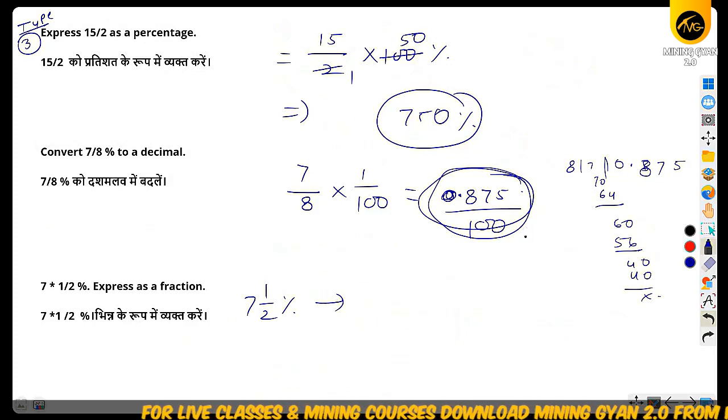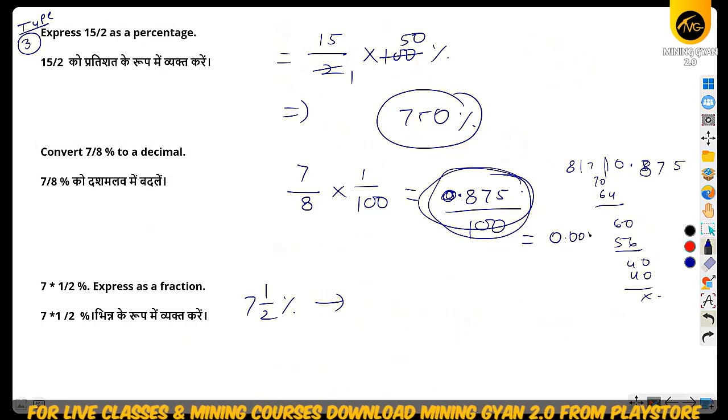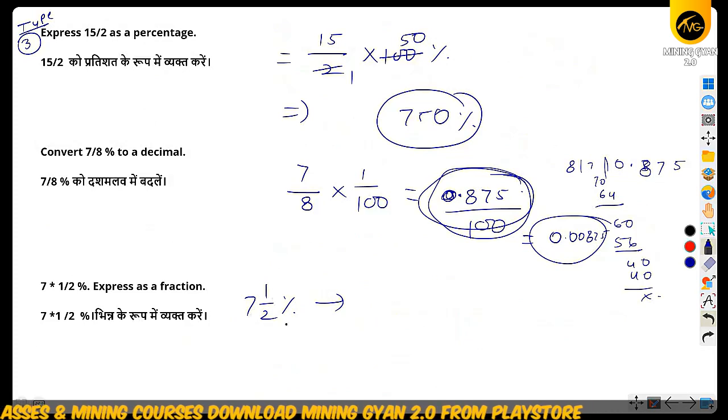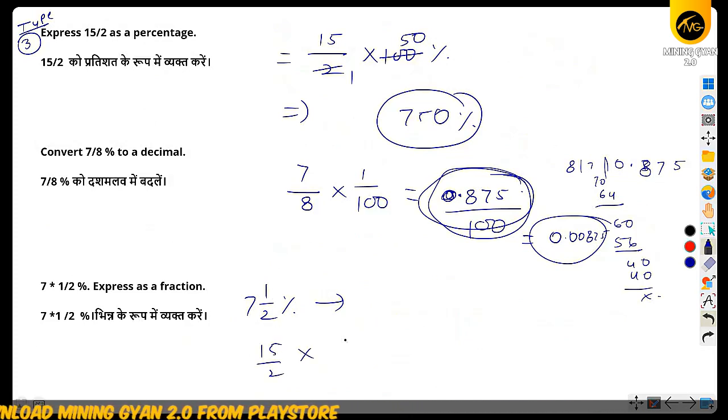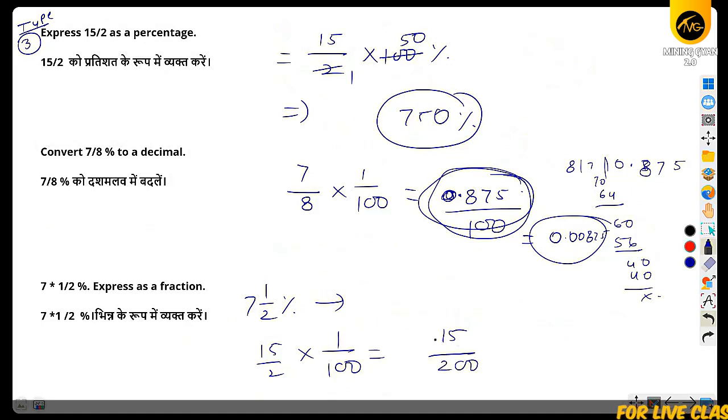So what will this be? It will be 0.00875, this will be the form. Now similarly here 7 into 1 divided by 2, it will be 15 divided by 2. Now just multiply 1 divided by 100 and you will get 15 divided by 200. Now 5 3s are 15 and 5 40s are 200, so 3 divided by 40.